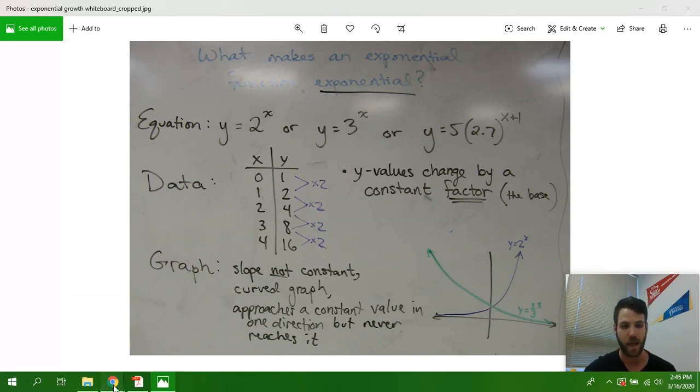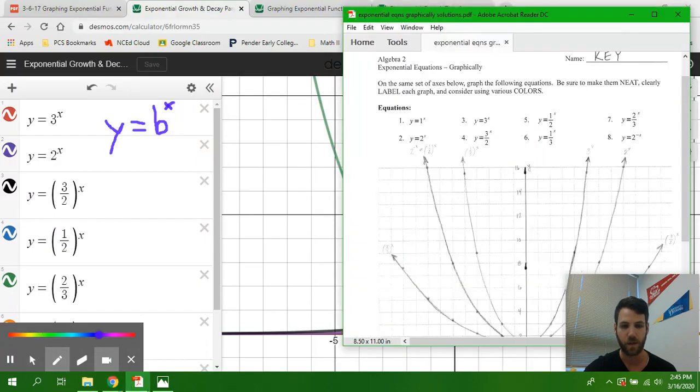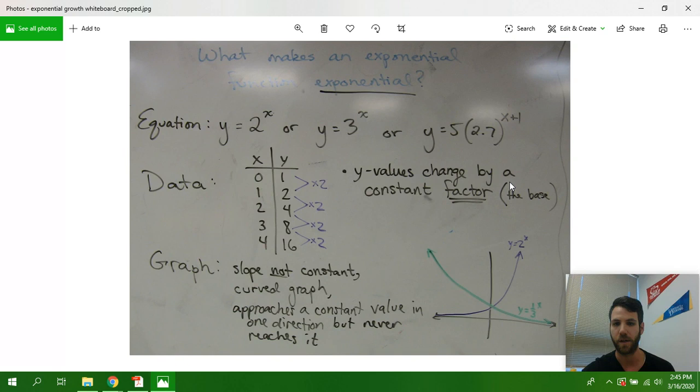Sometimes in these sorts of equations, a lot of times you'll see y equals a, the 5 here, times 2.7, and then raised to a power of x. y equals a times b to the x is very common.